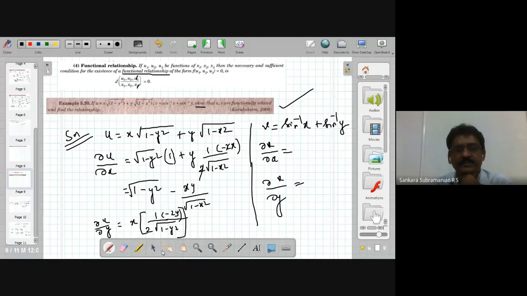Plus root of 1 minus x square is constant, right? While differentiating partially with respect to y, you get 1. So again 2 and 2 will be getting cancelled.